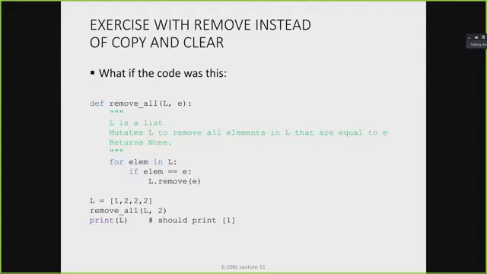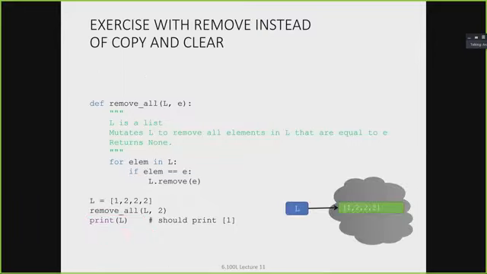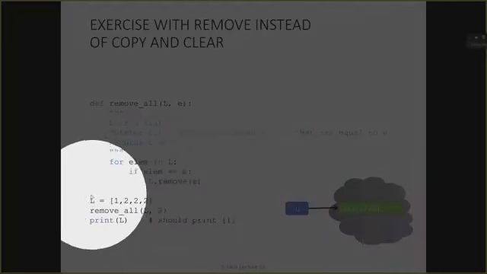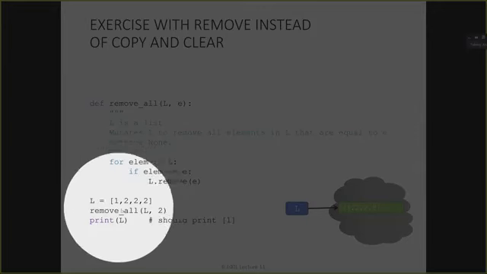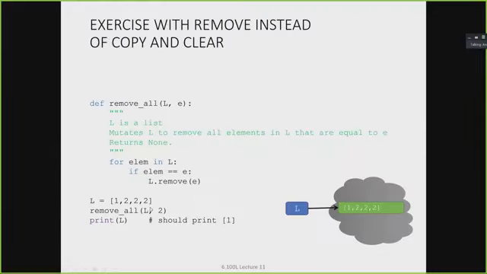And at first, it's surprising why this is, because the code looks right. It seems to work just fine. But let's step through this memory diagram and see exactly what happens step by step, with each iteration of our for loop. So originally, I've got L containing 1, 2, 2, 2. So far, so good. That's just us doing this line here. And then I make a function call to remove all. So I want to remove the number 2 from my list.